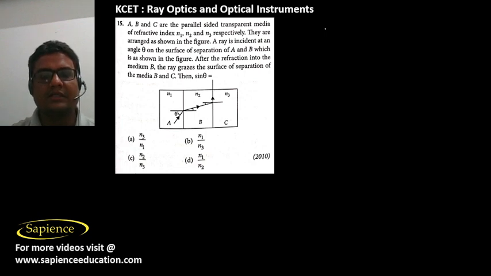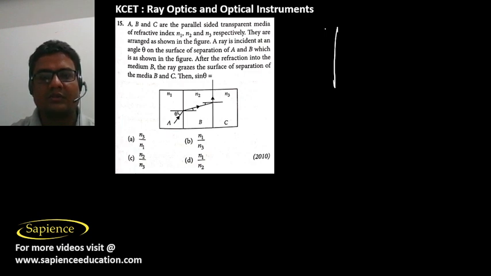A ray is incident at an angle theta on the surface of separation of A and B, as shown. After the refraction into the medium B, the ray grazes the surface of separation of media B and C. Then sine theta is how much?